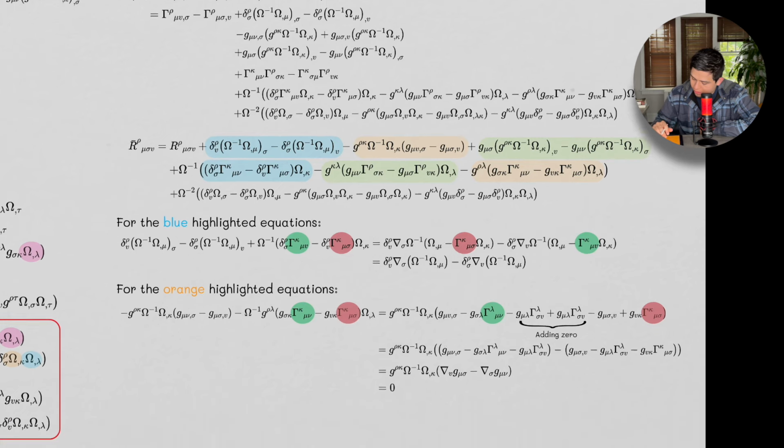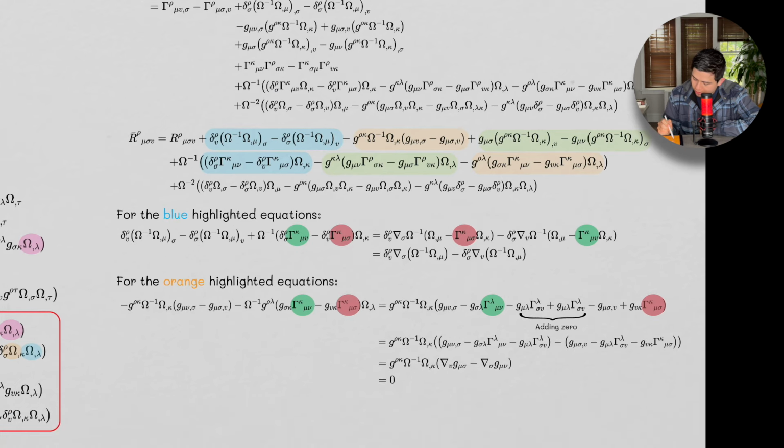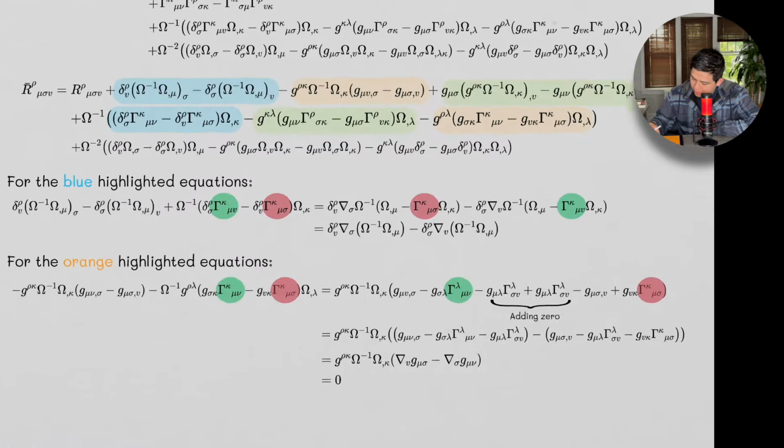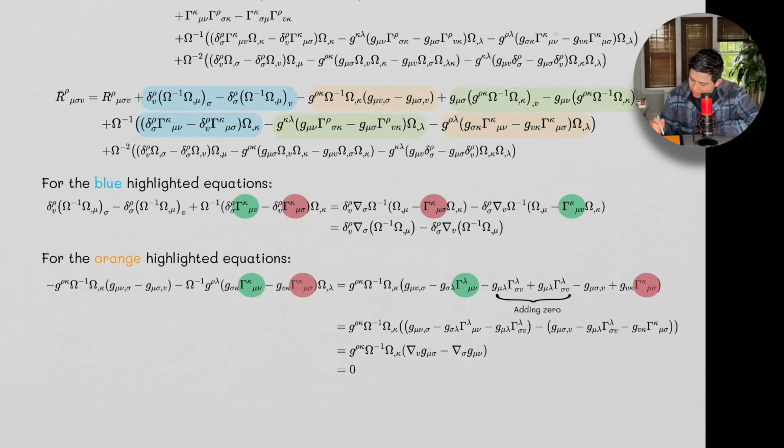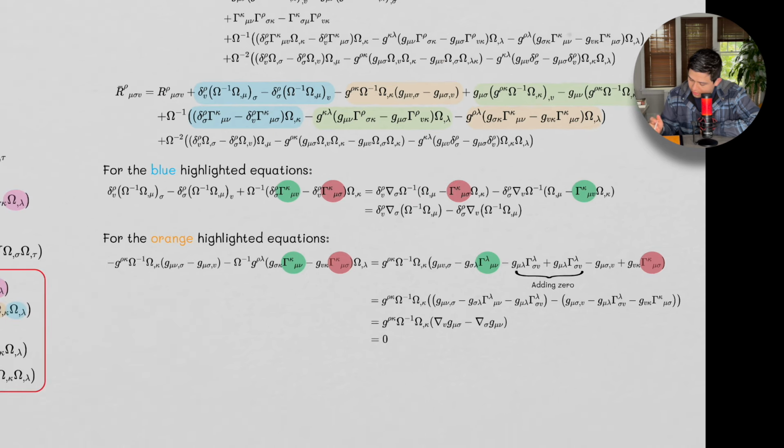For the blue highlighted equations, we have these two terms, which is right here, and this right here, which is right here. I'm highlighting this term here and this term here. We're actually just factoring things out.